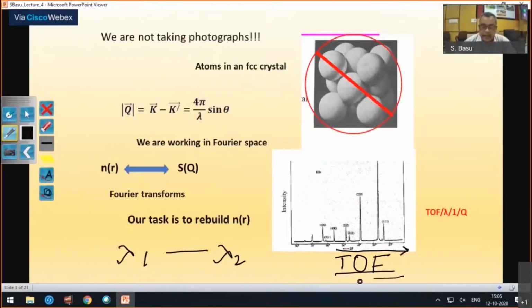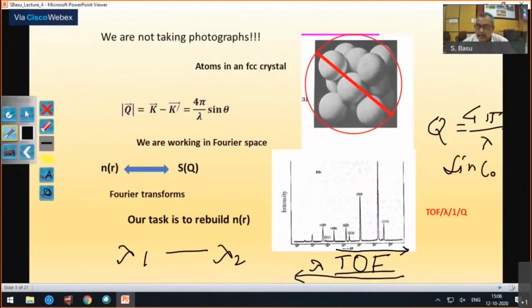So in lambda you are going in the other direction. Lambda is shorter in this direction and longer here. And since Q is equal to 4 pi by lambda sine theta, as I go to larger and larger lambda, my Q becomes smaller and smaller.